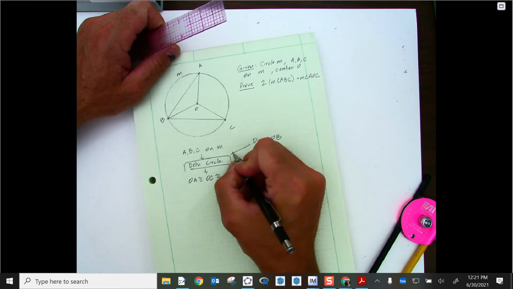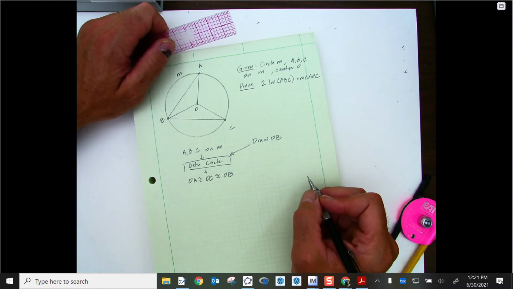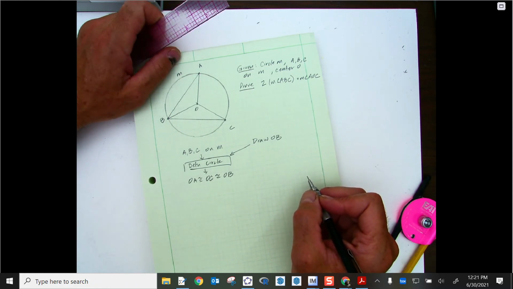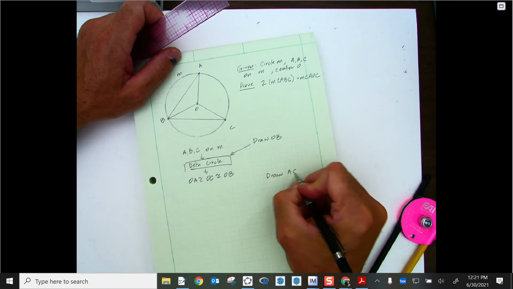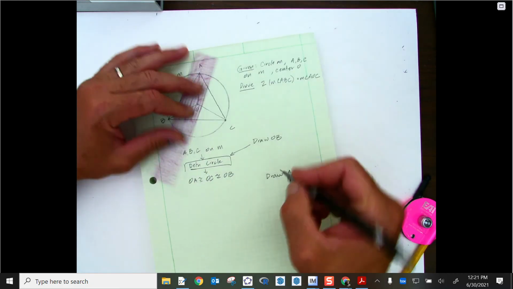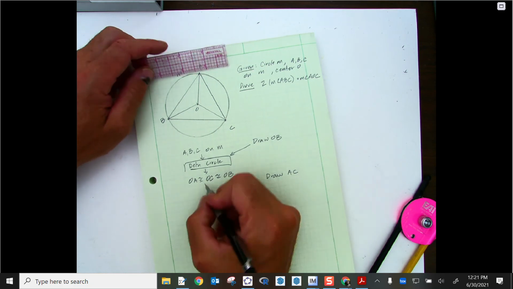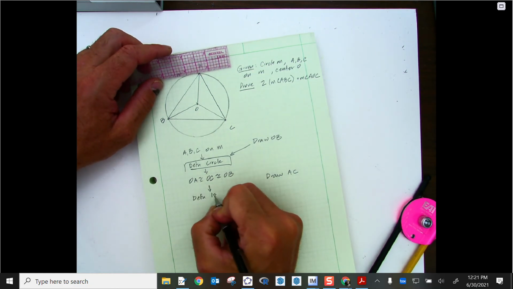So that really helps, I guess. And let's see, what else do we have to draw? Draw AC. And let's see, we're going to apply the definition of isosceles.